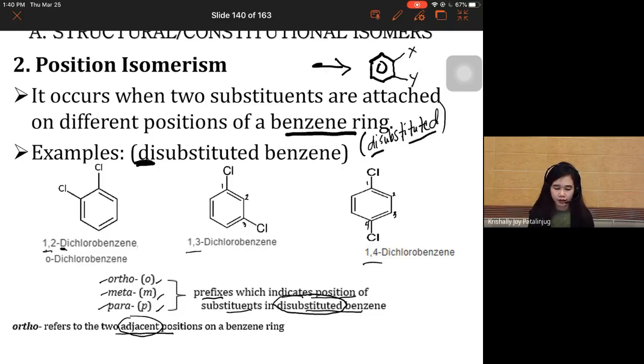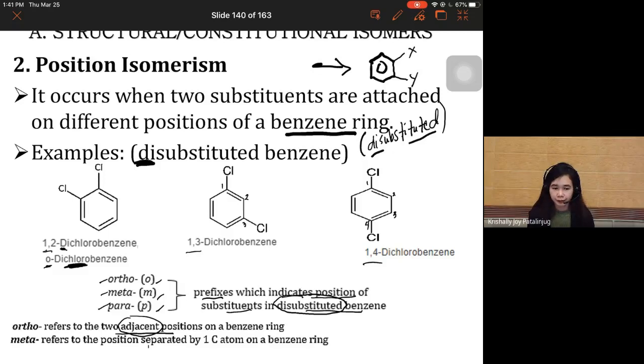So when you write the name of this molecule, this becomes o-dichlorobenzene. The letter o is the symbol for ortho. Again, that prefix only indicates the position of the two chloro substituents, which are in the ortho position. They are beside each other, at carbon 1 and 2.